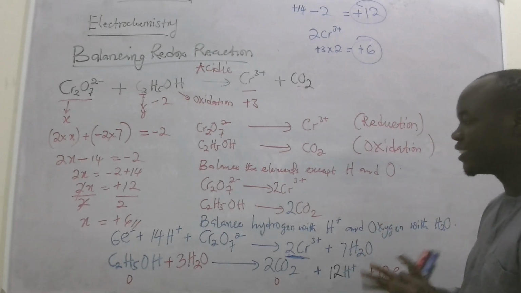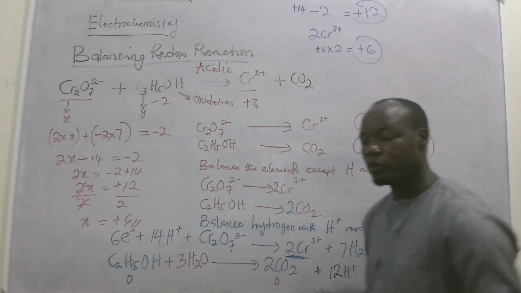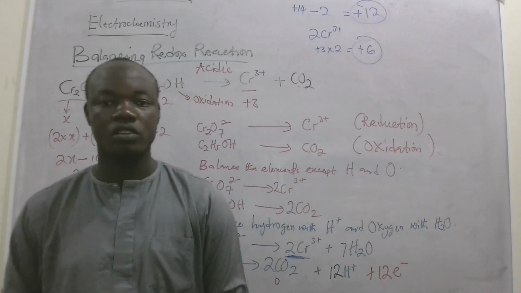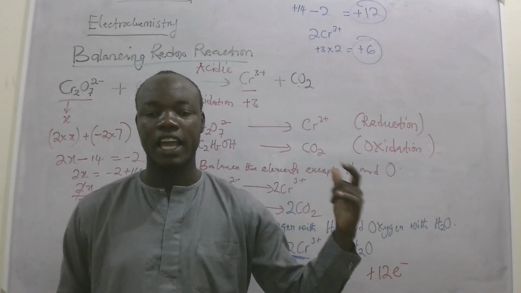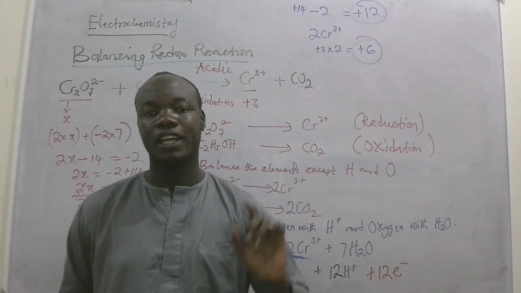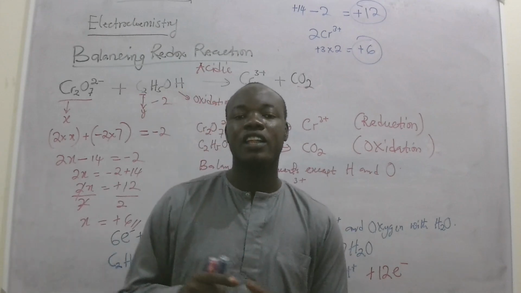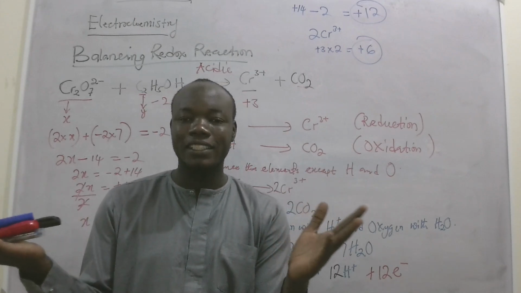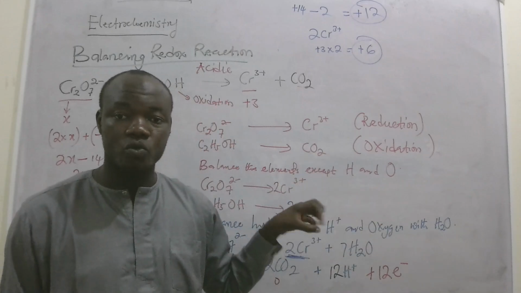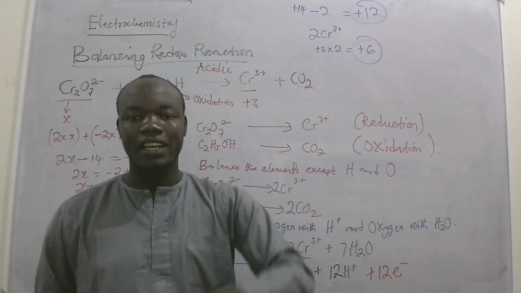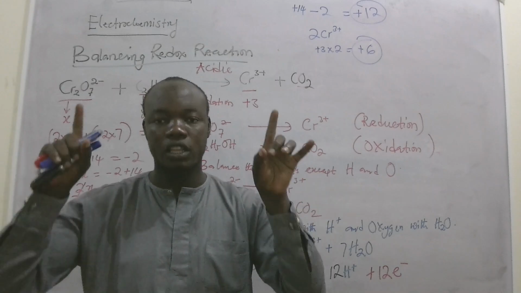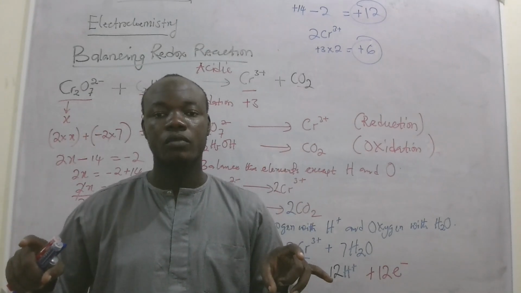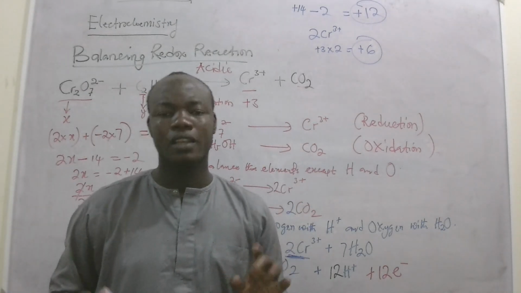So what is the next thing we need to do? We have balanced the number of electrons for both the oxidation reaction and the reduction reaction. The next thing is to add the two half equations together and subtract the common species.